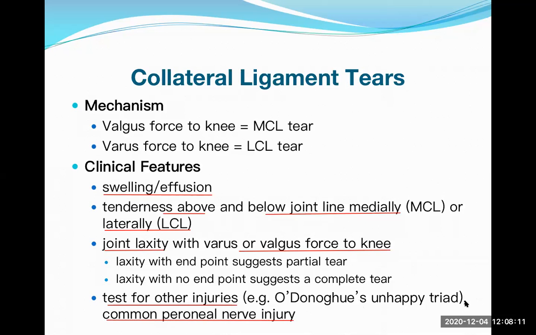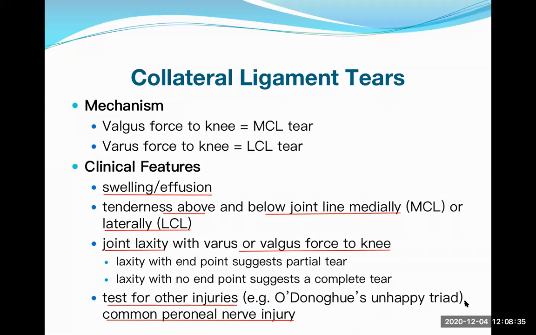Now, a small question again. Where is the common peroneal nerve present? On which side? Anybody? Around the fibula. Very good. So the fibula is present where, on the lateral side or medial side? Lateral side.